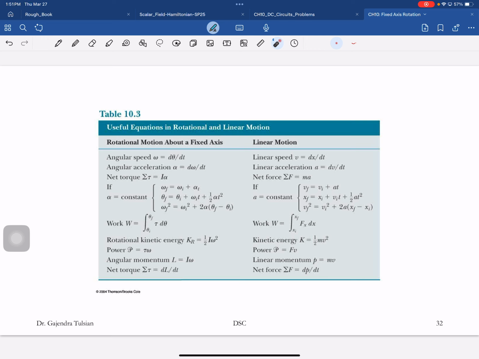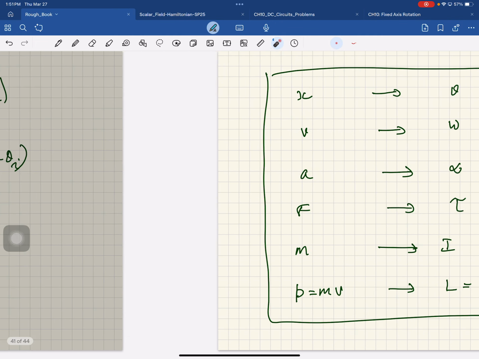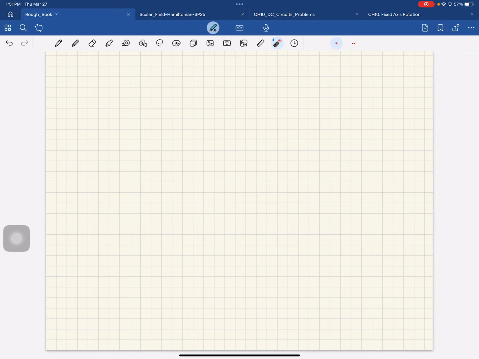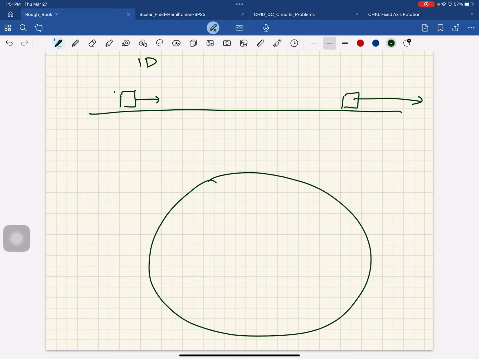All right, so here's what was going on. We started off this chapter by looking at two motions. This was an object moving in one dimension. And then here was a rigid object rotating about this axis, a rigid object meaning a disc or a wheel or whatever rotating about this axis.